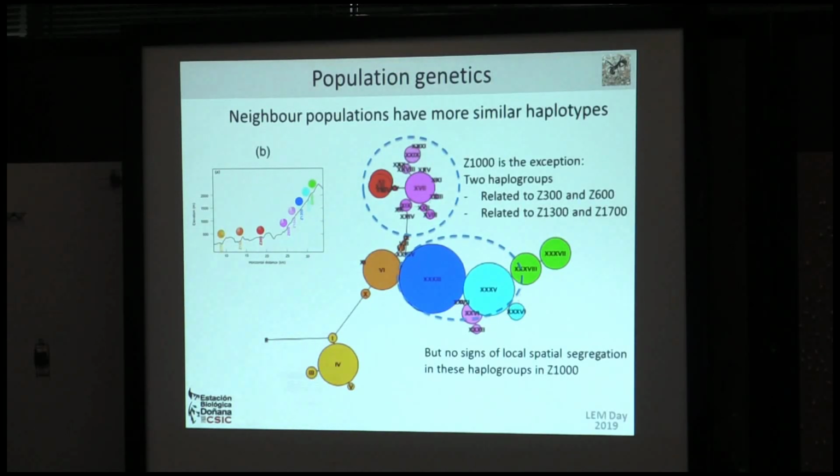But there are no signs of local spatial segregation of these haplogroups in the population of 1,000 meters.